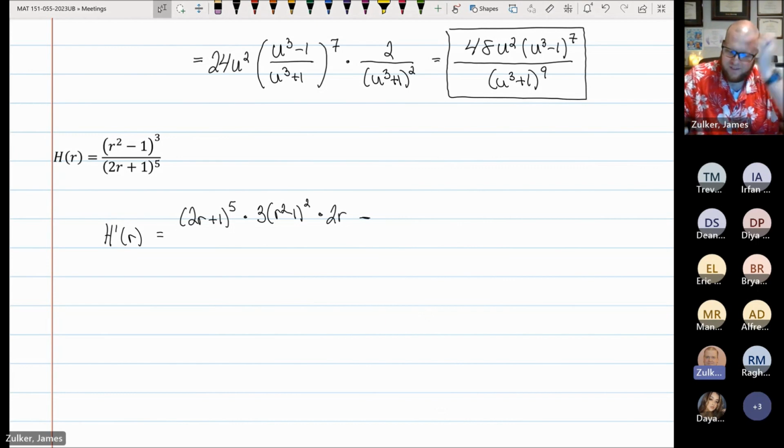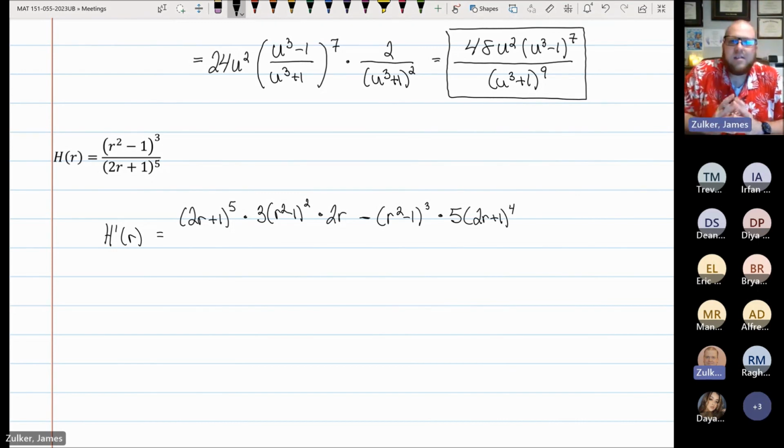Minus numerator times derivative of the denominator. Well, the denominator is also general power rule, right? Five times the function raised to the fourth power, then times the derivative of the function.